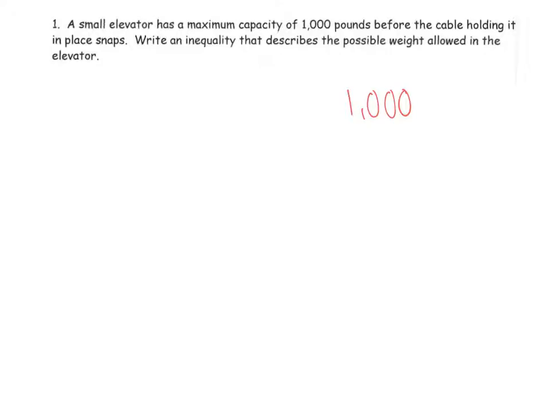And let's pick a variable to write this inequality. Jackie? X. Okay. And in this problem, what does X equal? What is it representing? Nate? The amount of pounds that can fit on that. Okay, so weight, right? Weight allowed.